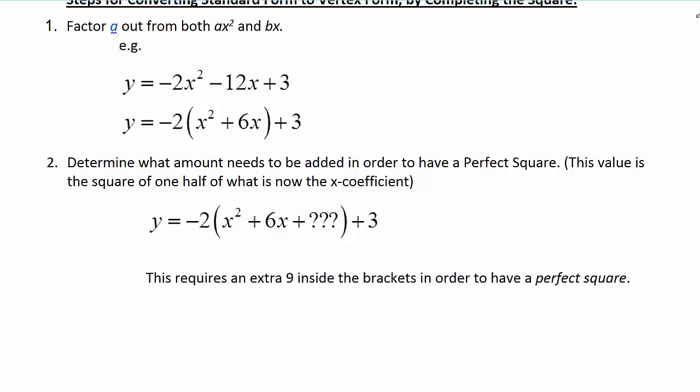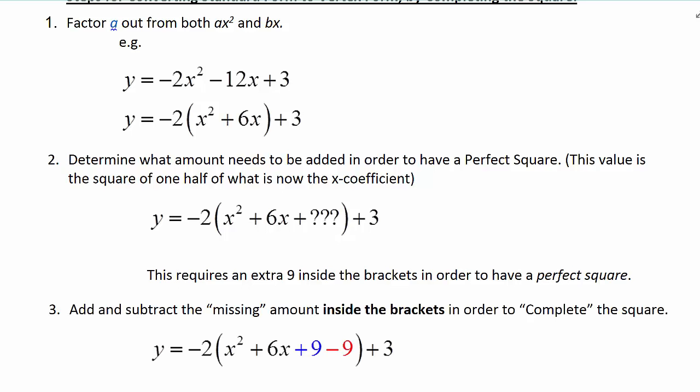This would need an extra 9 inside of the brackets in order for it to be a perfect square. So I'm going to take that missing amount and add it and subtract it inside of the brackets in order to complete the square. So I have x squared plus 6x plus 9 and minus 9, and then plus 3 outside the brackets.